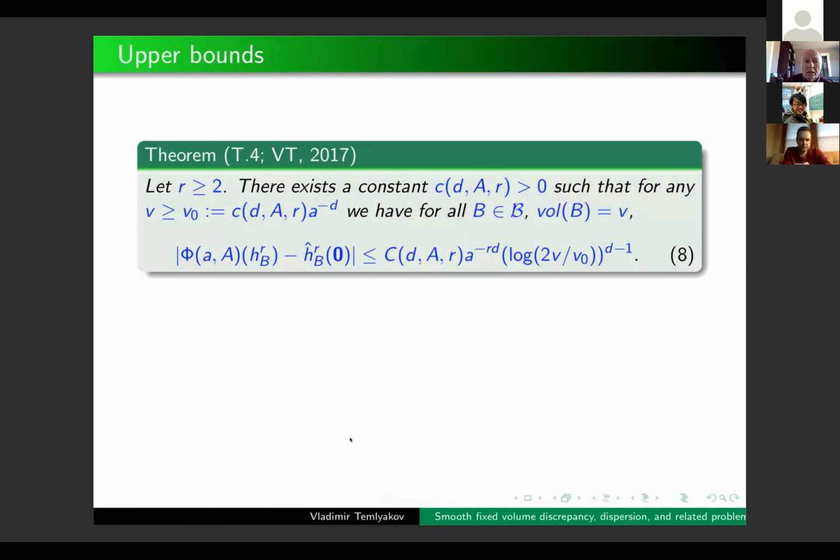And here are some results. So this theorem gives us the upper bound. Again, it's formulated in that same style as we did for Fibonacci cubature formulas.